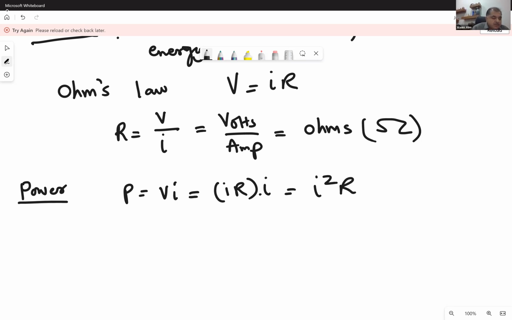Similarly, this could be manipulated as VI or I squared R or V squared over R. So those are the different forms, depending on what is given to you in the circuit.